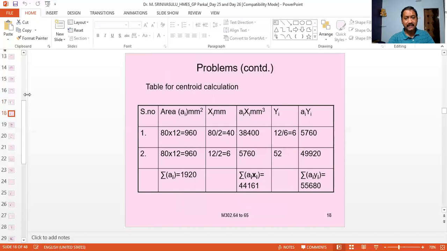So 12 plus 80 by 2 means 12 plus 40, that is 52 millimeters for the y2. Now the term a2 y2 is becoming 49920. Now we have to find out the sigma a, that is 1920, and the sigma ai into xi, that is 44161, and sigma ai into yi, that is equal to 55680.